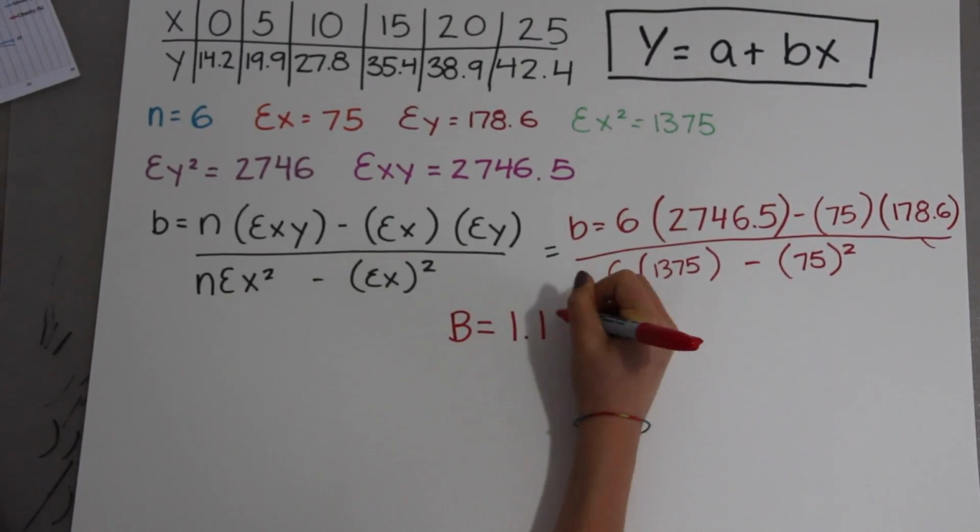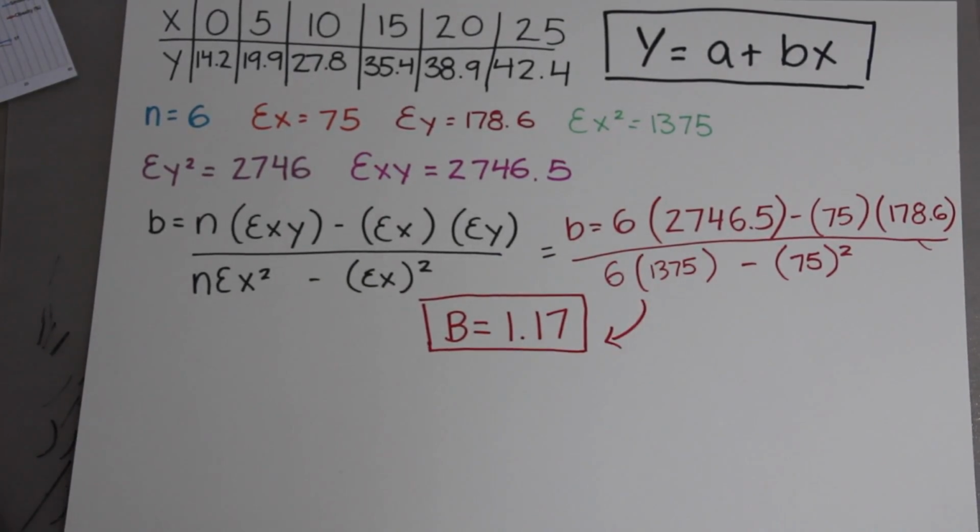Once you've calculated that on the calculator, it should give you 1.17.